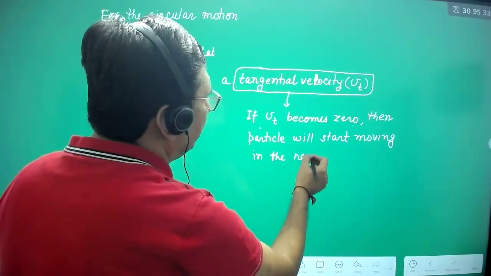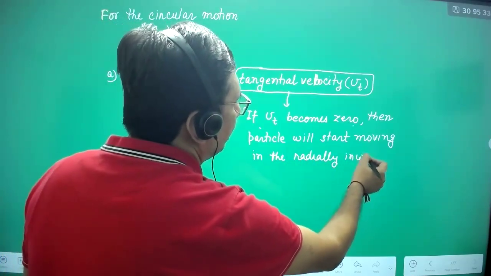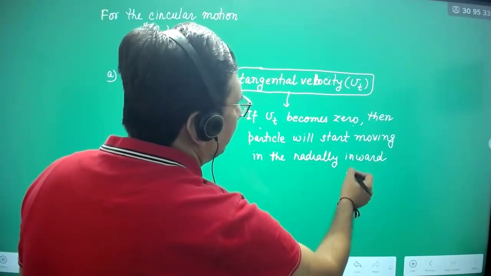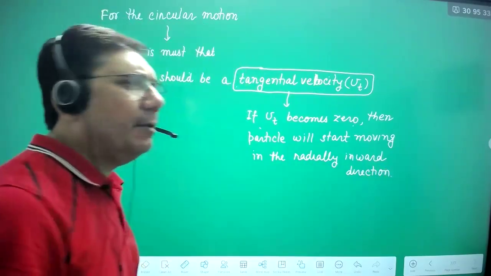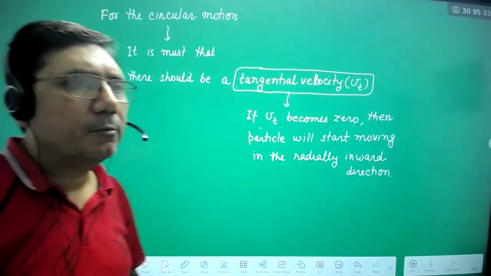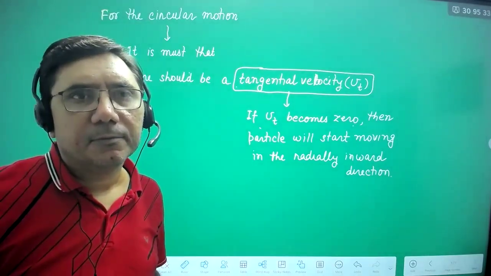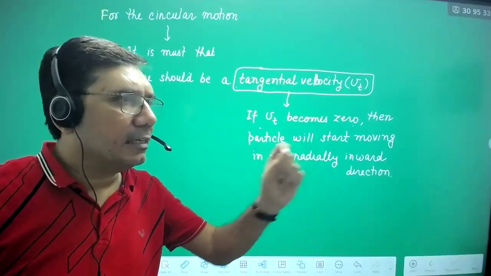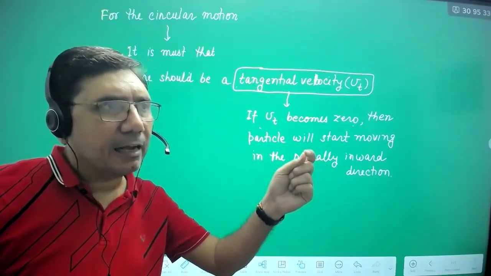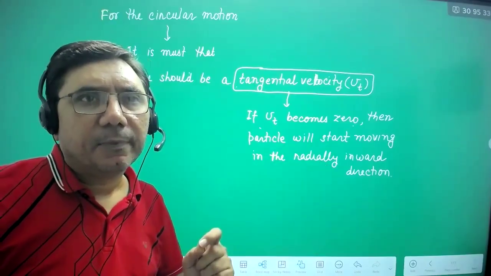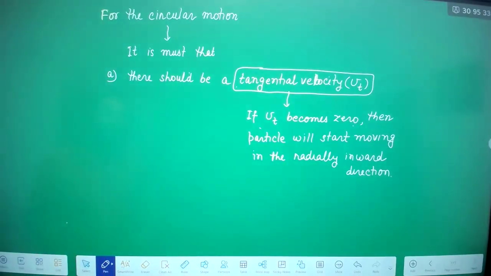So one important component of any type of circular motion, not only uniform circular motion, is that there must be Vt. Vt cannot be zero. If Vt is zero, then due to the centripetal force acting toward the center, the particle will acquire a velocity toward the center at that instant, and it will start moving in that direction. And circular motion will cease.